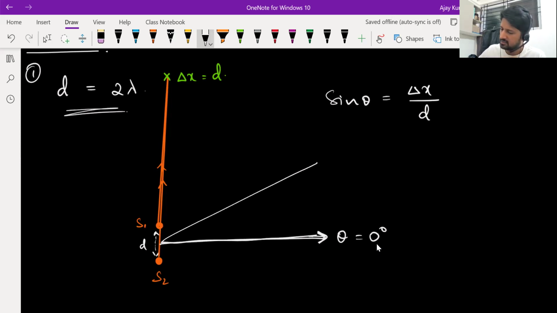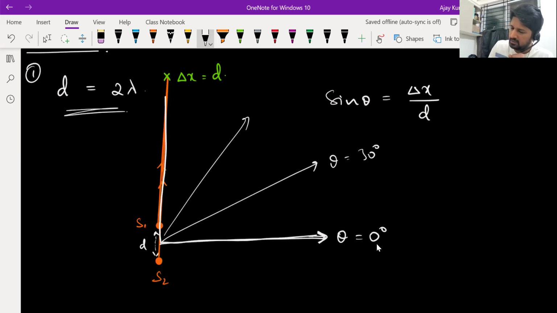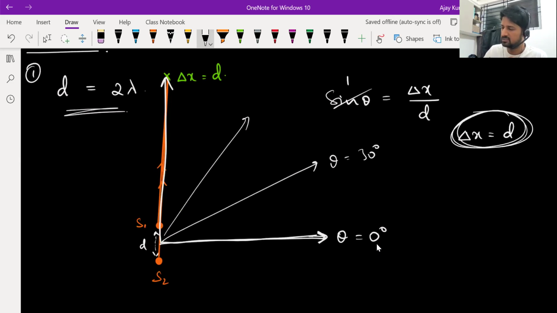Anywhere along this direction, maybe the angular position is 30 degrees. Along this direction, 60 degrees. Along this direction, the angular position is 90 degrees. When angular position is 90 degrees, sine theta becomes 1. That is when you get path difference equal to the distance between the sources. In any other case, sine theta will be less than 1. Path difference will be less than small d. So this is mathematical proof that the maximum path difference is the distance between the sources.